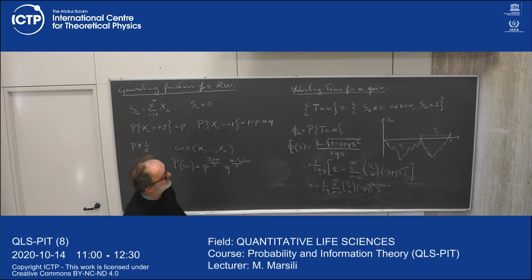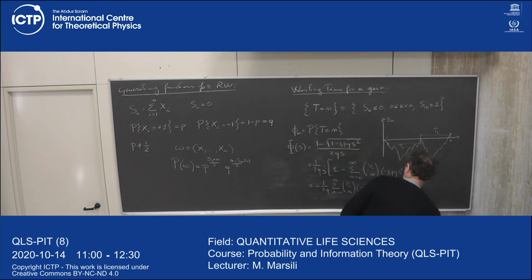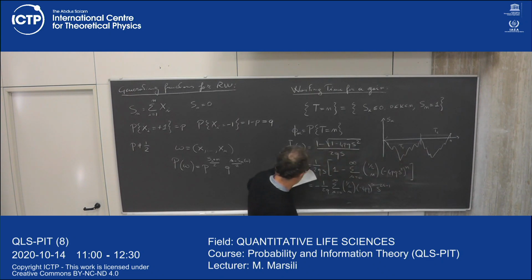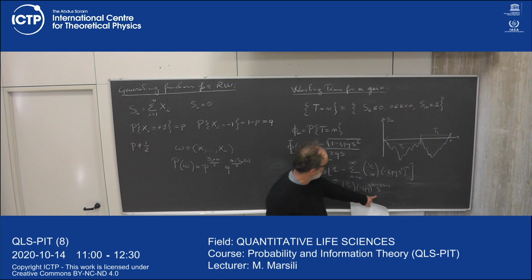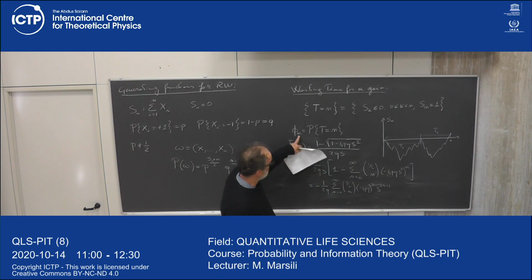So what you see from this is that this generating function only contains odd powers of s, so this probability is non-zero only if n is odd.